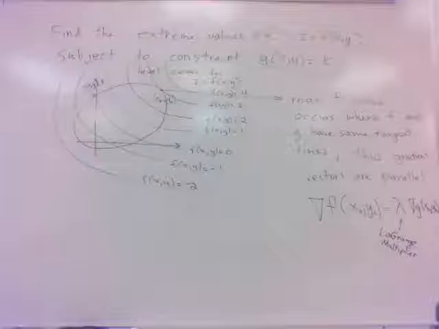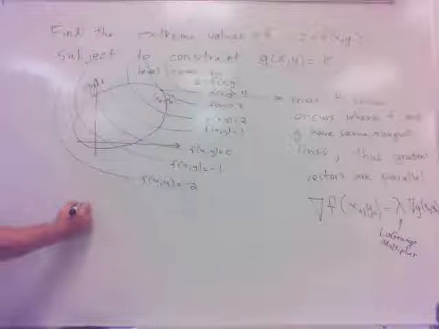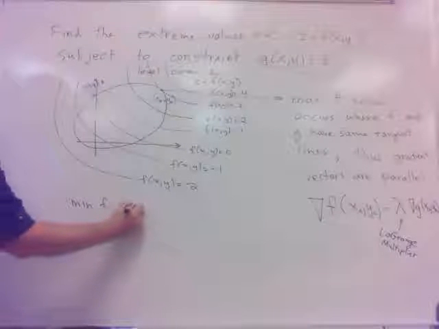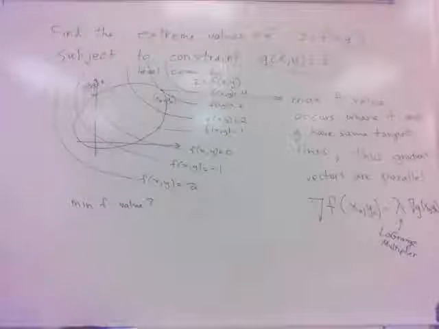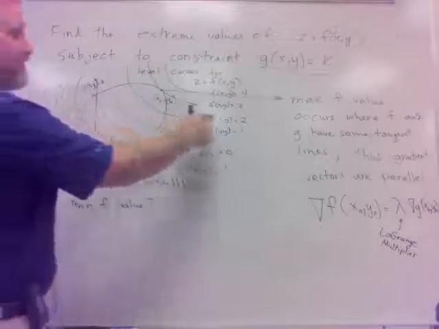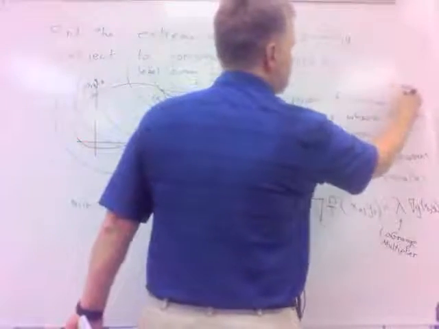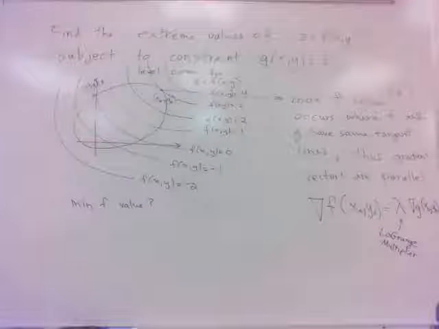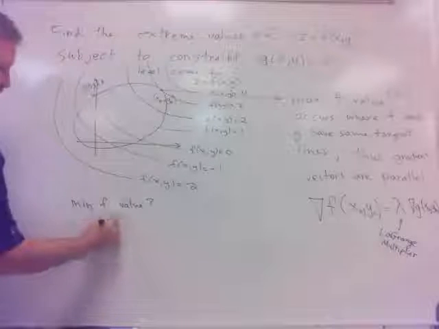So where would you say the minimum f value is? Our maximum f value is 3. The minimum is about -1.5, okay. Approximately -1.5.